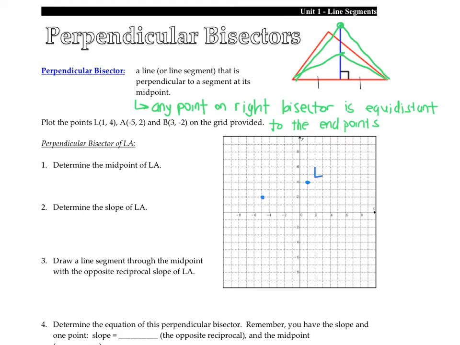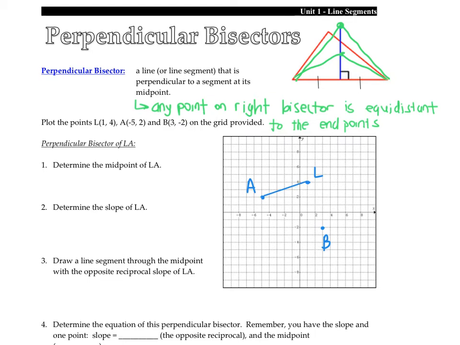So that's L, that's A, and B is at (3, -2). And that's B. Okay, we're trying to find the perpendicular bisector of LA, so I'm going to draw in line segment LA. Okay, that's what we're looking at.